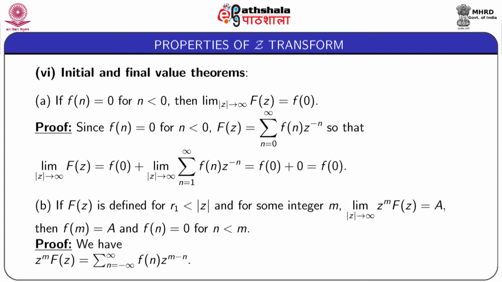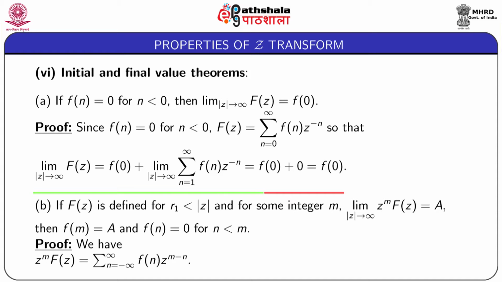So that if we take limit mod z tends to infinity, then the left hand side is limit mod z tends to infinity of capital F(z). This is equal to, we separate out the term corresponding to n equal to 0, that is f(0), plus limit mod z tends to infinity summation n equal to 1 to infinity f(n) z to the power minus n.